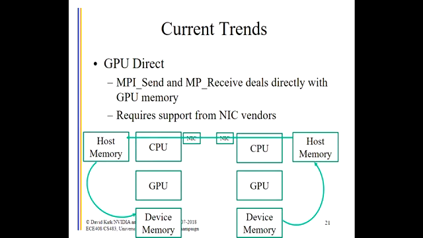Unfortunately, the MPI pinned memory and the CUDA pinned memory were not compatible with each other. You cannot allocate a pinned memory for both MPI and CUDA.